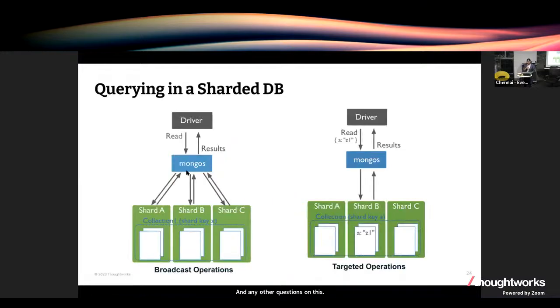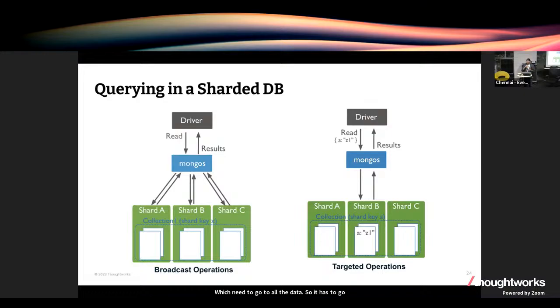And this is about the query pattern, how it works. Broadcast operations happen when you have queries like updateMany or deleteMany, which need to go to all the data, so they have to go to all the shards.